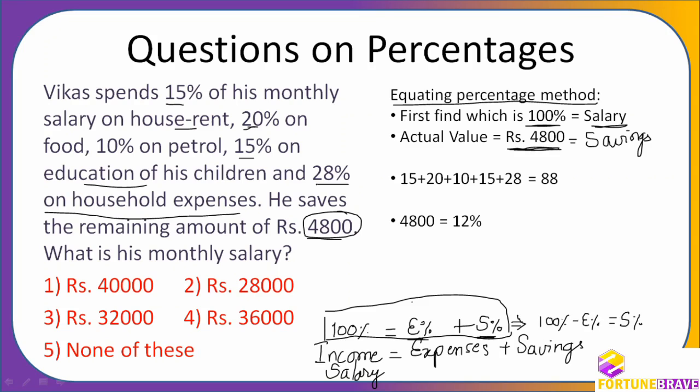We have only sent it to this side and it has become minus, right? So we'll find out the expenditure percentage given here: 15 plus 20 plus 10 plus 15 plus 28. How much will it be? 15, 35, 45, 55, 60, 60 plus 28 will be 88%.